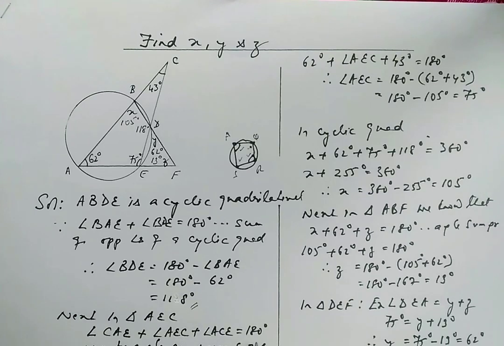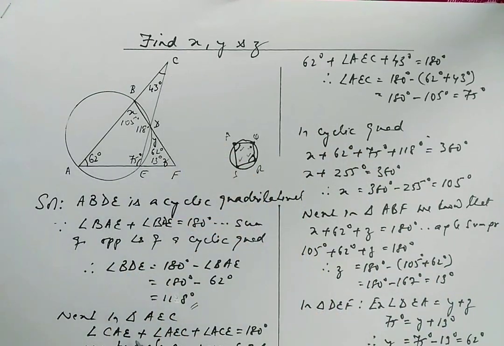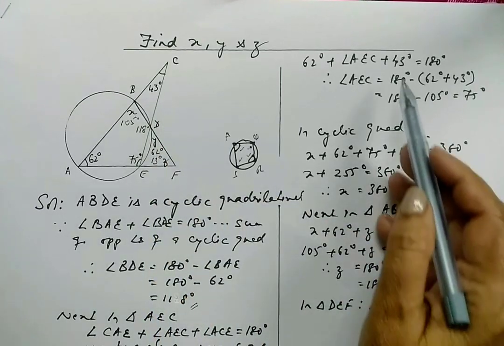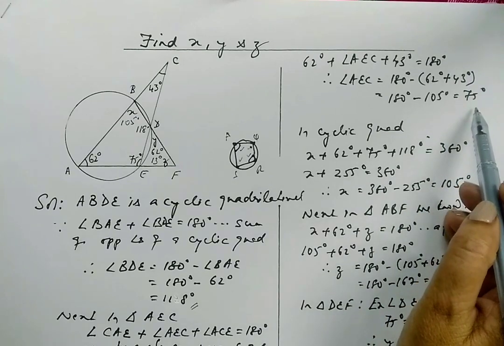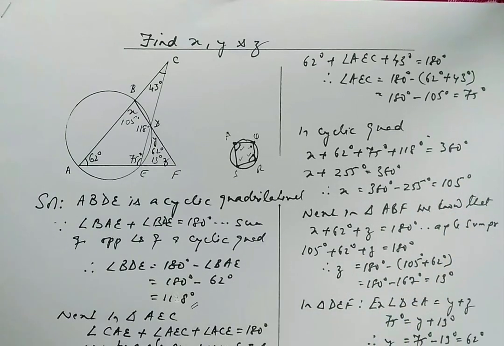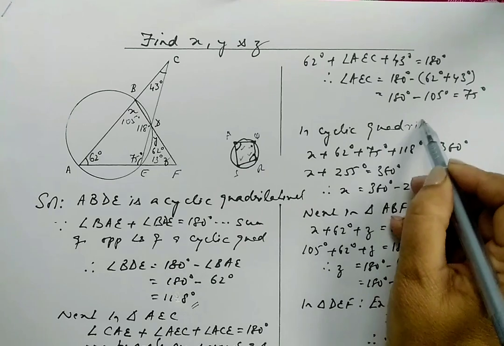This plus this is 180 degrees. 62 was given for CAE, and ACE is 43 degrees. So this was the odd one out, which we found equal to 75 degrees.